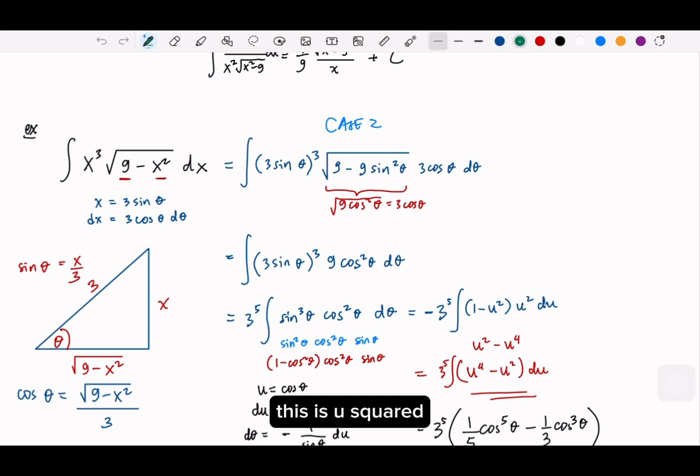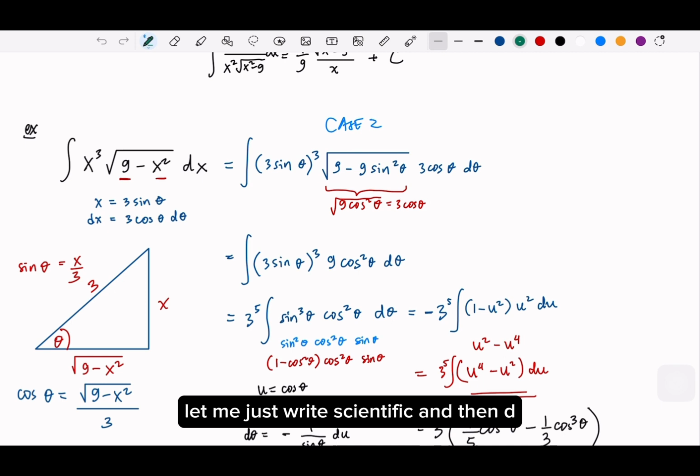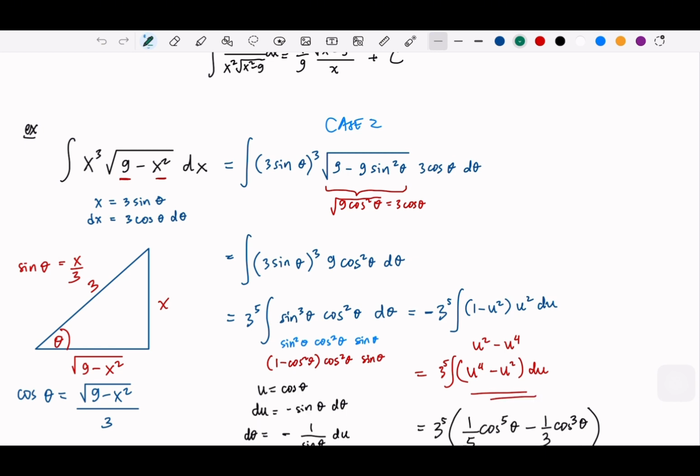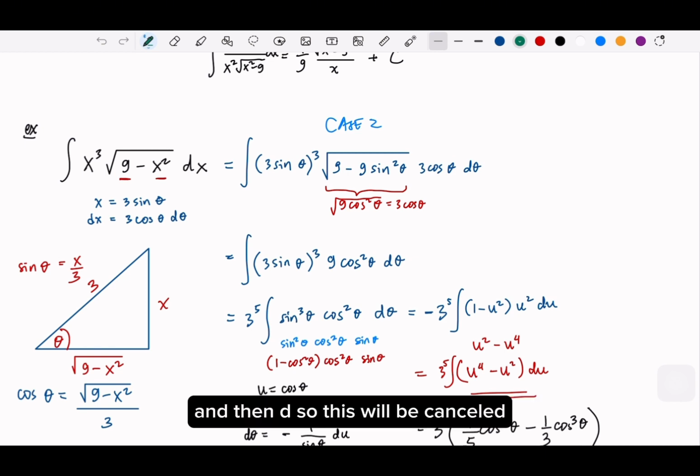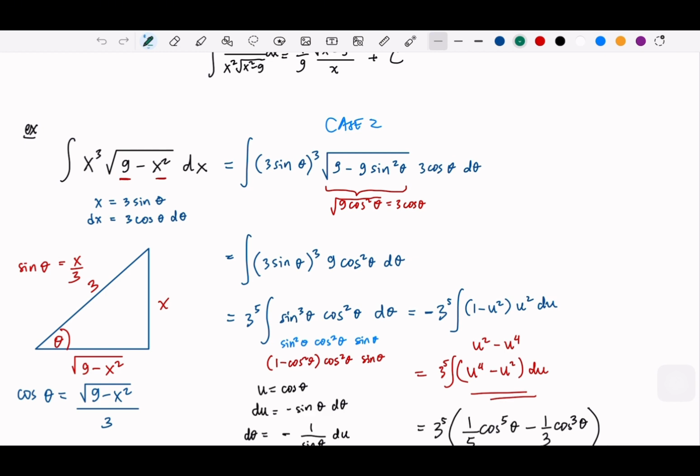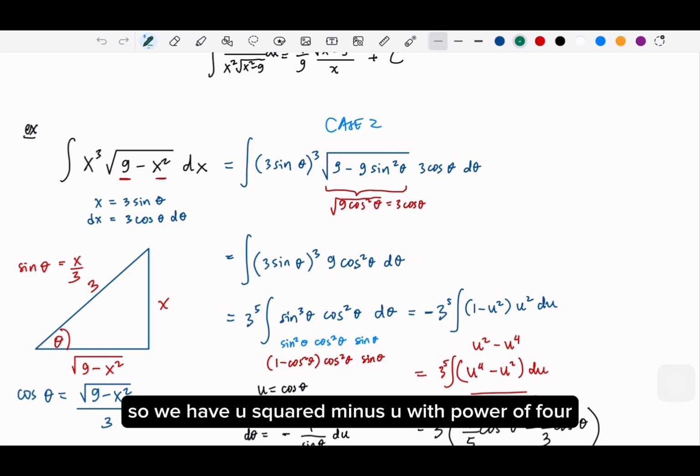This is u squared. And let me just write sine theta. And then d theta will be minus 1 over sine theta du. So this will be cancelled. This will be minus. So minus will be here. So we have u squared minus u with power of 4.